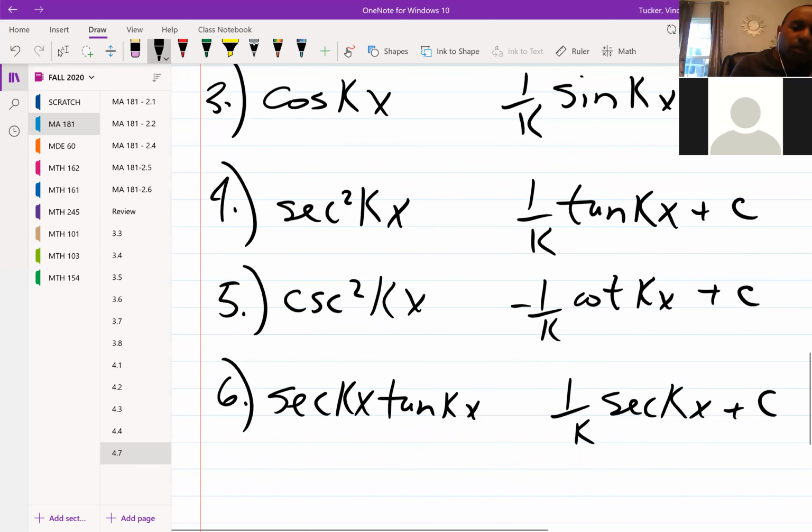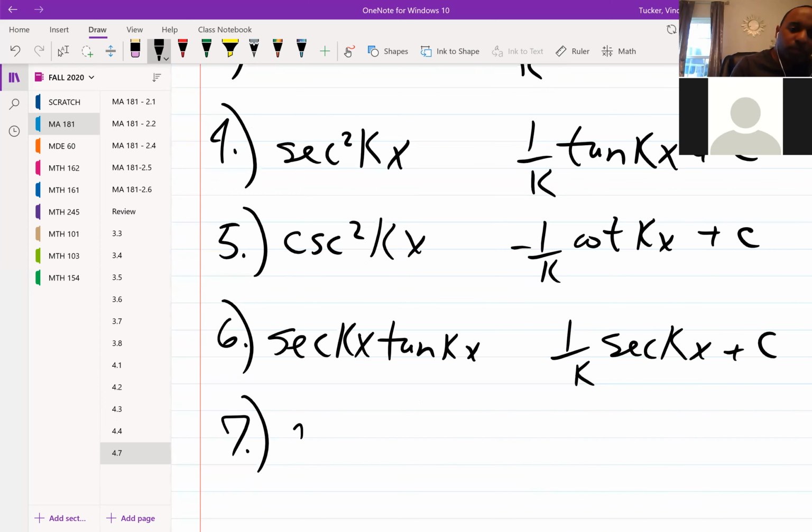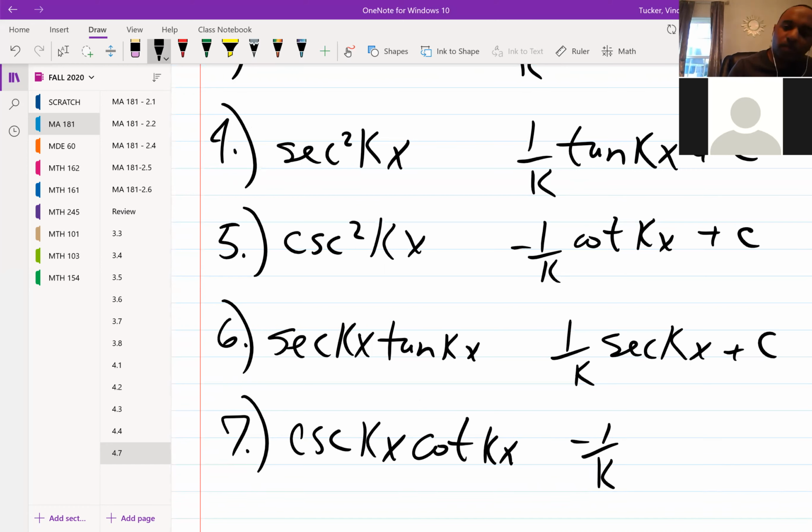And then the last one that they give, cosecant of kx times cotangent of kx, is equal to negative 1 over k cosecant of kx plus c. So they give us 7 general antiderivatives.